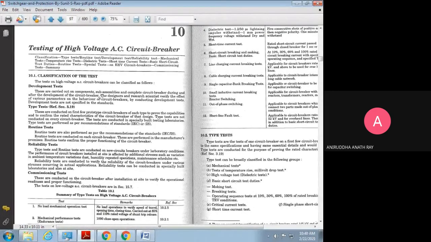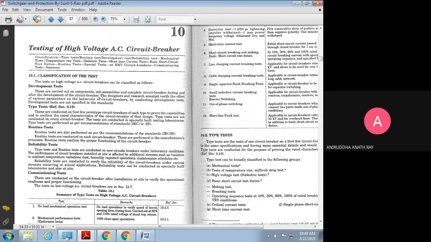Let us see what are the different types of tests which are performed. Basically, the tests on high voltage AC circuit breakers can be classified as follows.